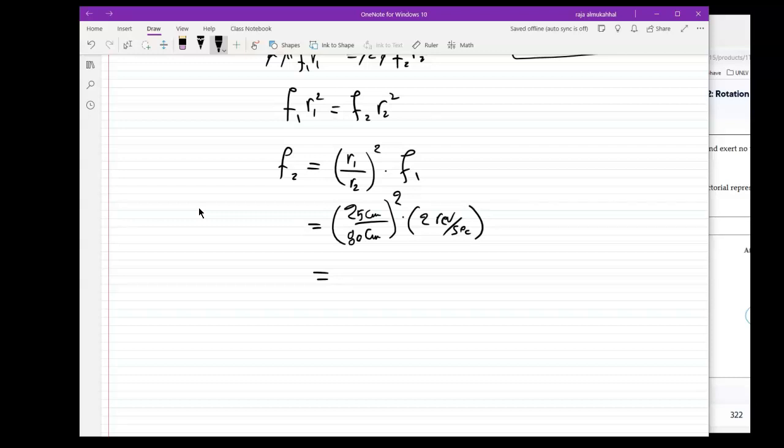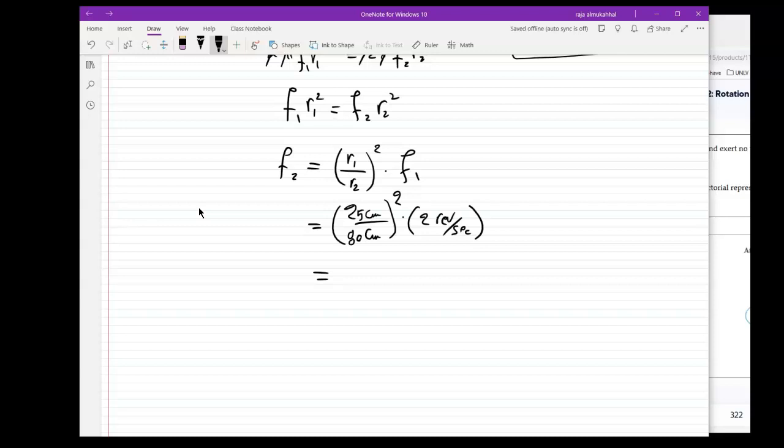And once we calculate it, you will end up getting F2 to be equal to, let me see. So I have here 25 divided by 80, squaring that, times 2, and that will give me 0.195.